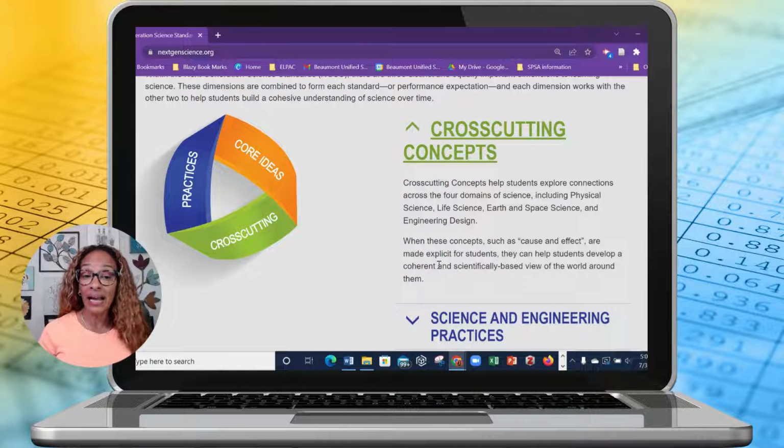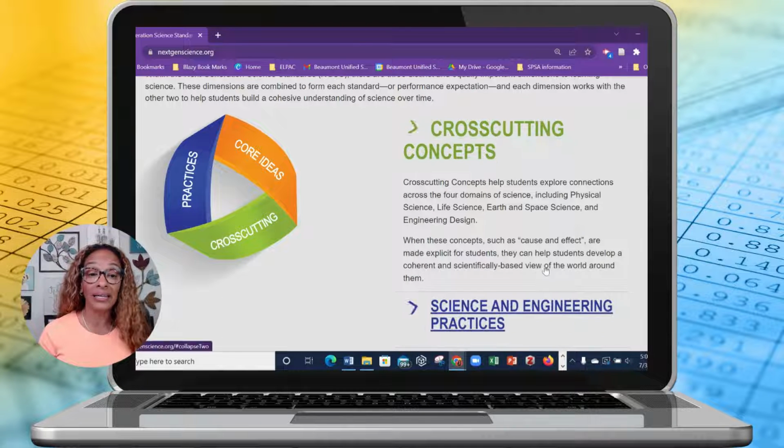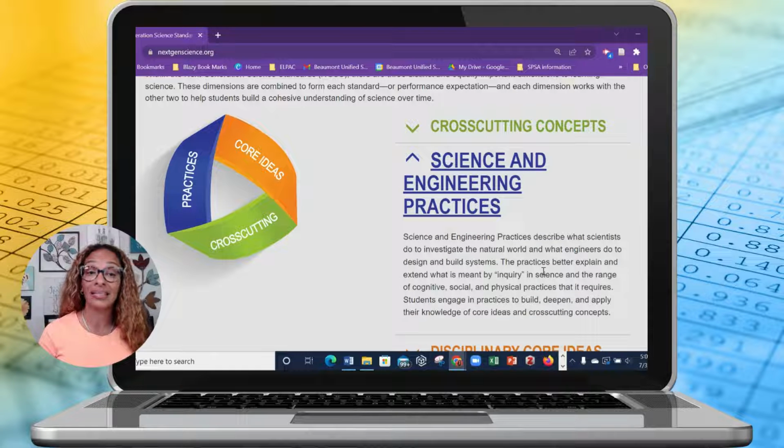And then you have the science and engineering practices. These practices are what scientists do to investigate the natural, physical world, and what engineers do to design and build systems based on the content that students have learned or already know, and they are fully integrated.